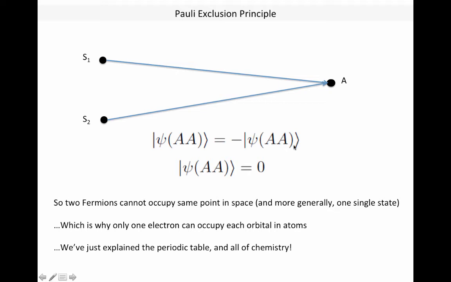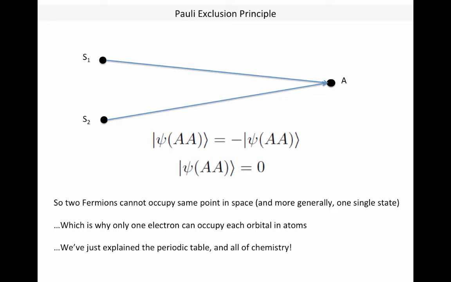So there's only one possible solution to this equation. If the states are equal, but also equal to minus each other, that means the state has to be equal to 0. So this tells us that it is impossible for two fermions to exist at the same point in space. There is 0 probability that you will detect two fermions at the same point in space.